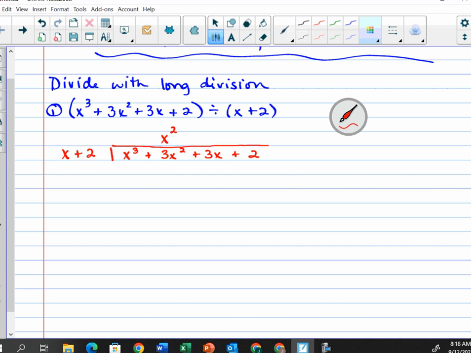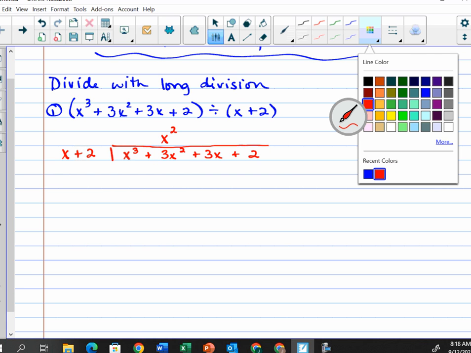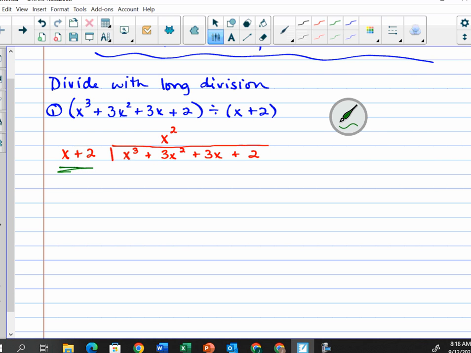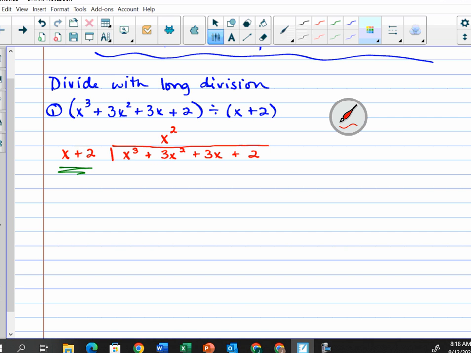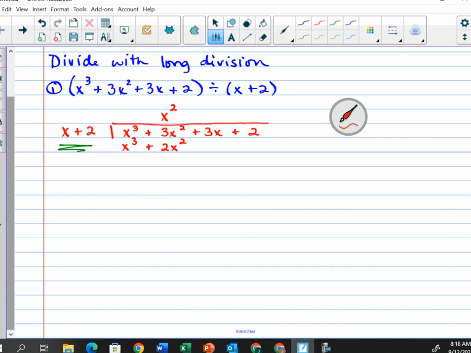Then that x squared, you multiply by both of these terms out here in this x plus 2. So x squared times x is x cubed. It'd be plus 2x squared. Okay, then the easy part to mess up is the subtracting.